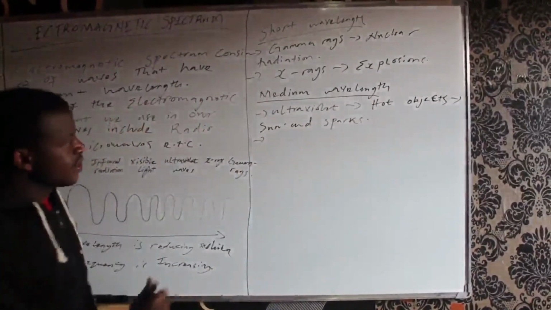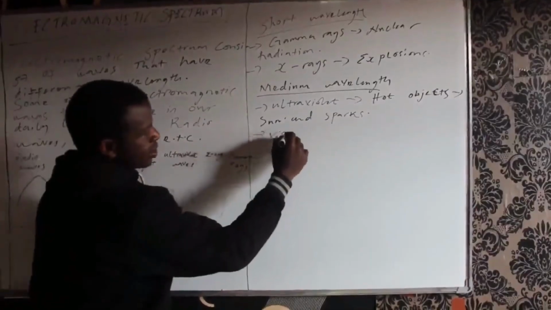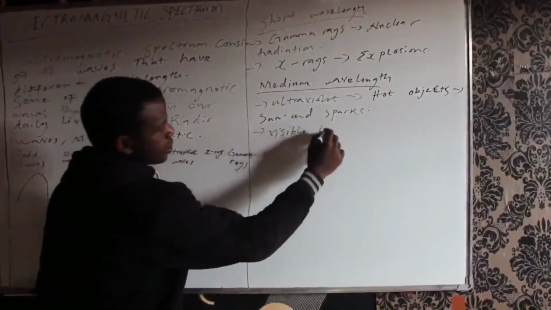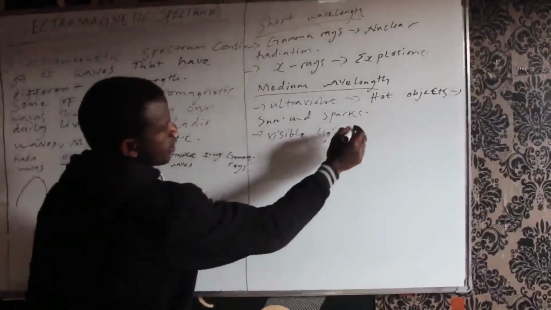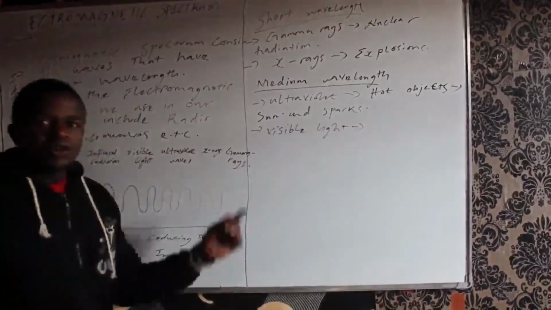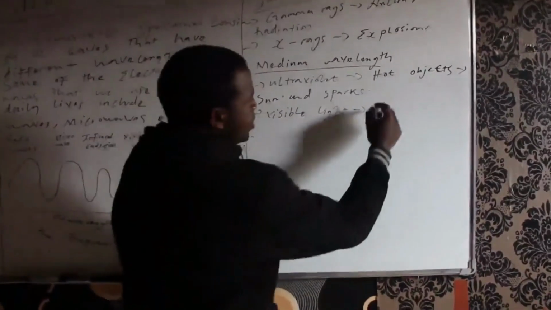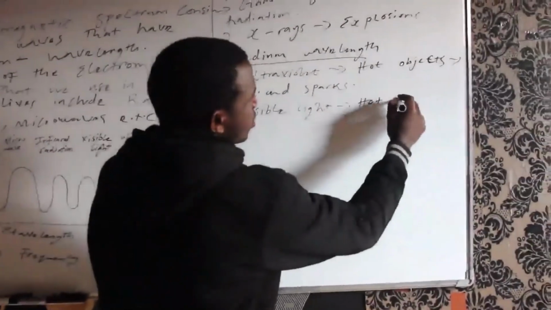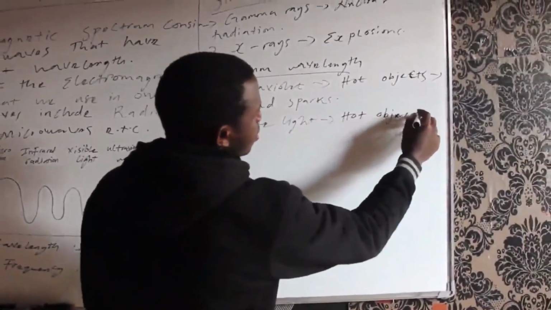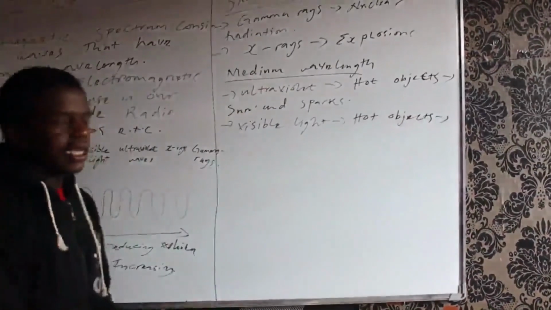Then we also have the visible light. The source of the visible light is hot objects, and this includes the sun.